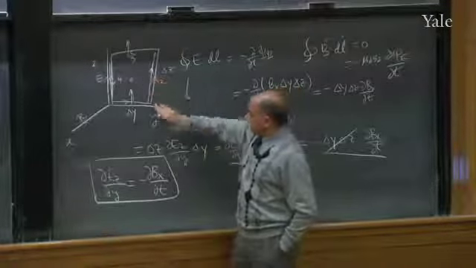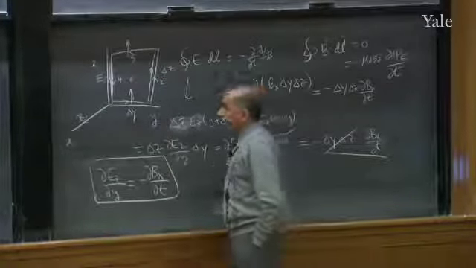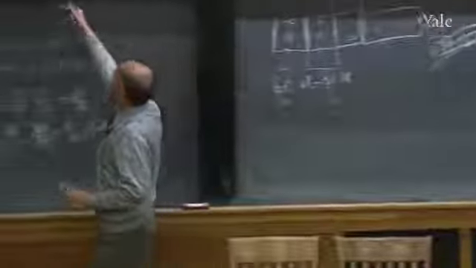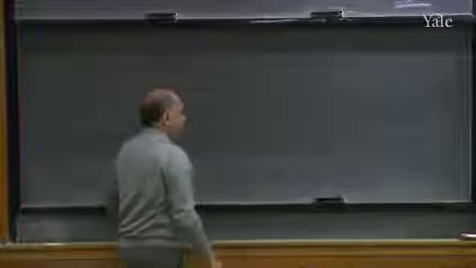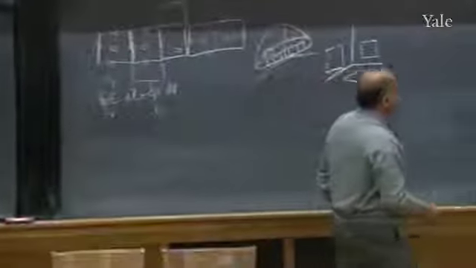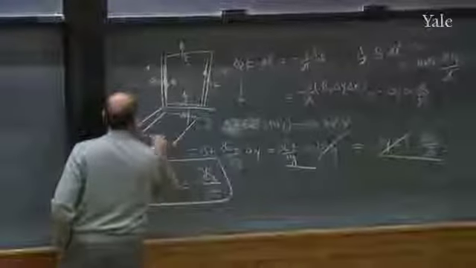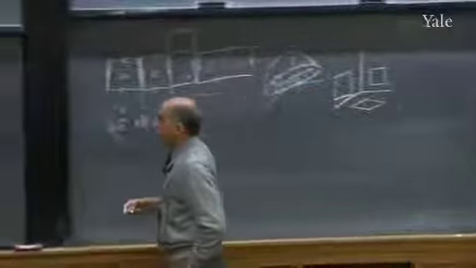So from this loop, I managed to get one equation. My plan now is I don't want to do yet another loop because either you got the idea or it's not going to help to draw one more loop. But I will just say that if you draw the last loop, which lies in this plane, you will get one more equation. I'm just going to tell you what it is.